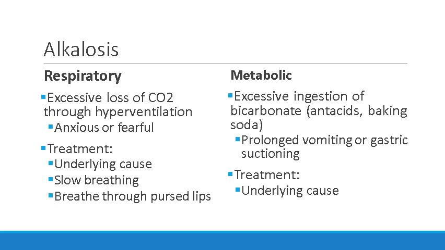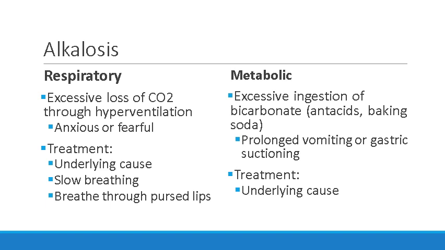Alkalosis. So remember, this is when the pH is above 7.45. From a respiratory perspective with the lungs, we have excessive loss of CO2 through hyperventilation. It often happens when individuals are anxious or feel fearful, so they're blowing off too much CO2.